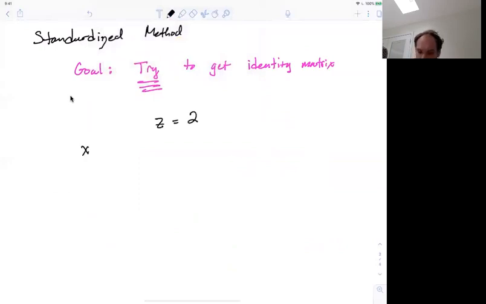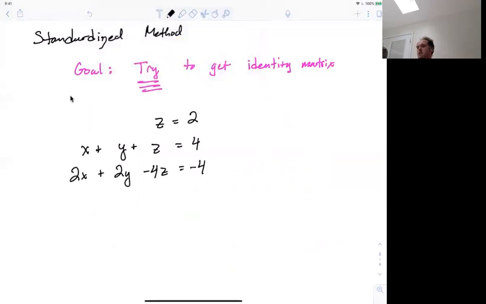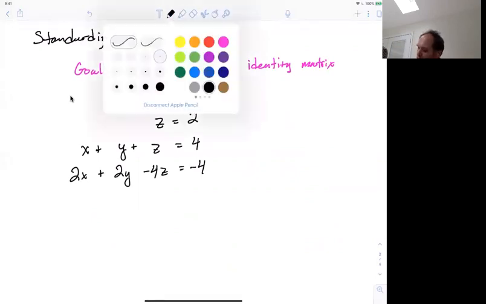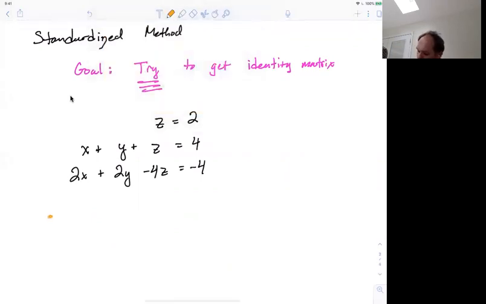We're going to have a 3x3 system, so this may take a little longer. So the first thing we want to do is identify a pivot. And a pivot is a leftward non-zero entry. So in this case, we might identify this one.